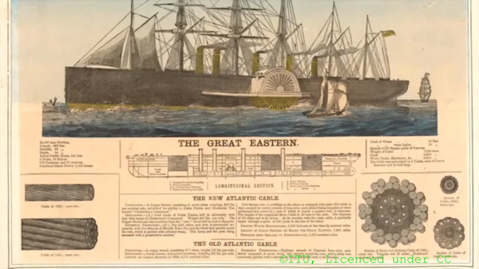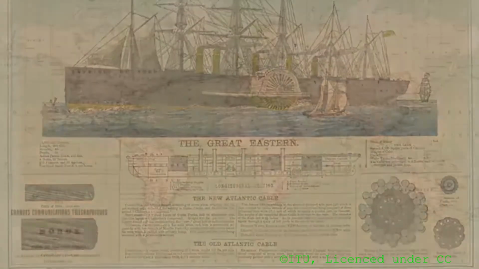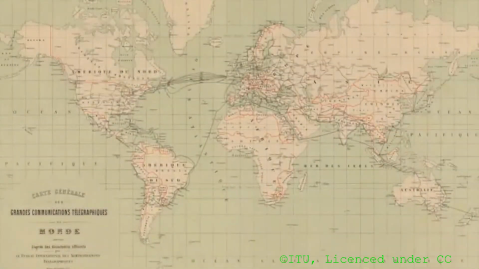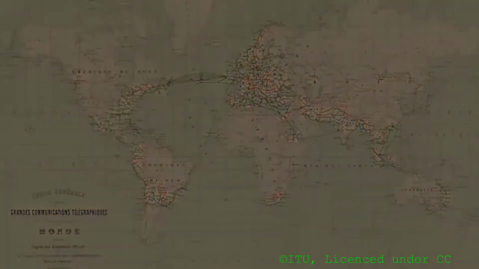It was carried aboard what was then the biggest ship in the world, Great Eastern, designed by a British engineer, Isambard Kingdom Brunel. Submarine telegraph cables also reached India, China and Japan in 1870, Australia in 1871 and South America in 1874. By 1880, more than 150,000 kilometers of cable had been laid worldwide.